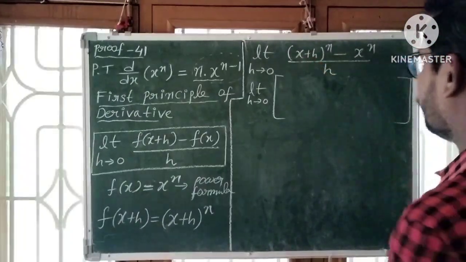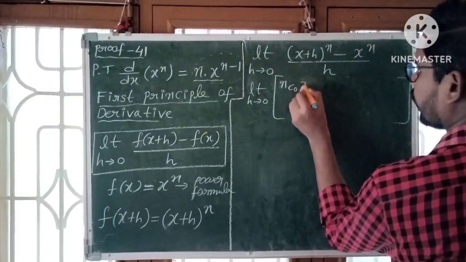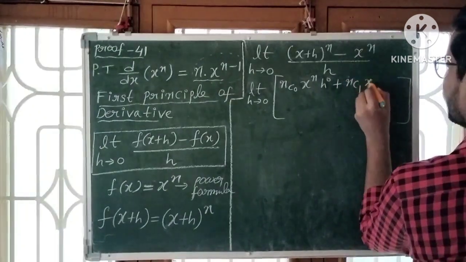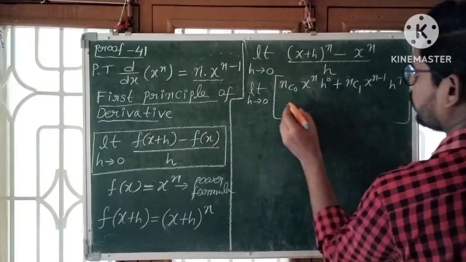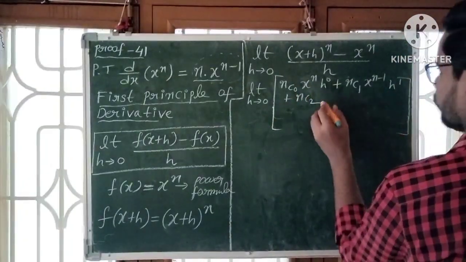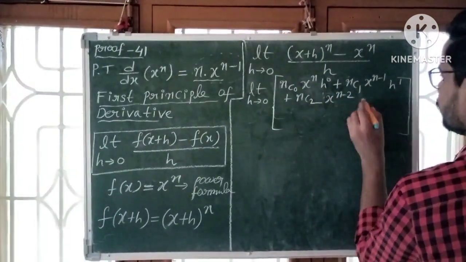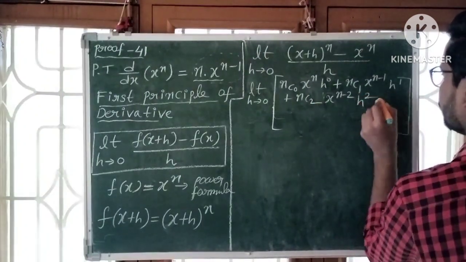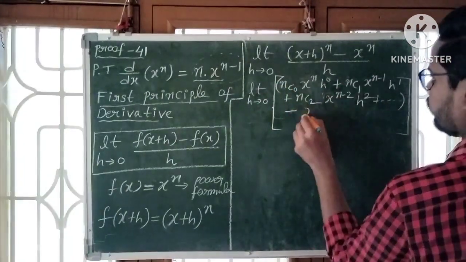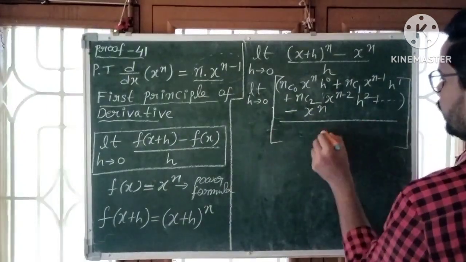Apply binomial expansion formula. x plus h whole power n is equal to nC0 x power n h power 0, plus nC1 x power n minus 1 h power 1, plus nC2 x power n minus 2 h square, plus so on, minus x power n, whole divided by h.